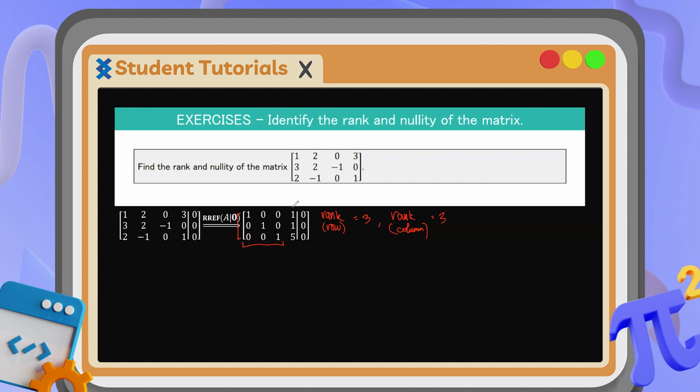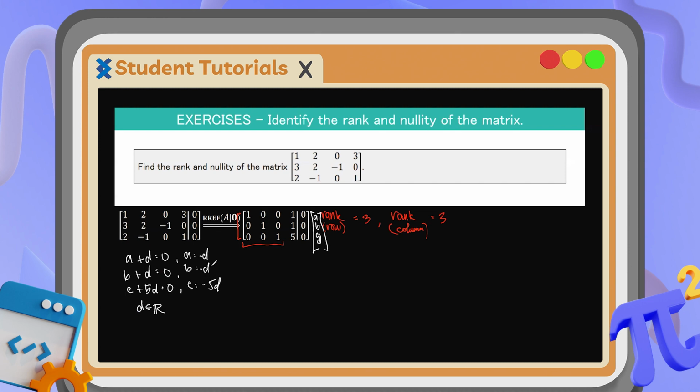So when we try to find the solution of the null space, we multiply A, B, C, D as constants to this matrix, which would get you A plus D is equal to 0, B plus D is equal to 0, C plus 5D is equal to 0, and D is any real number. With this, we can get the values of A, B, and C, where A is equal to negative D, B is equal to negative D, C is equal to negative 5D.